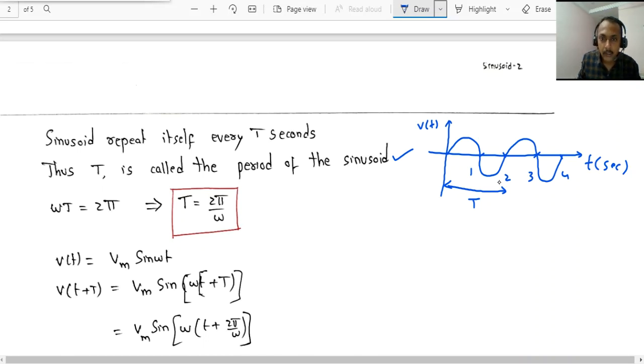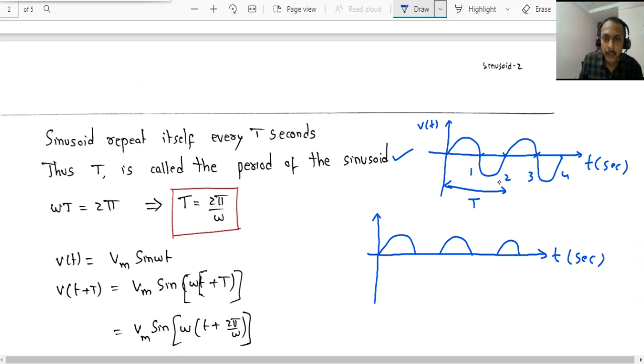But if I ask the time period for this kind of waveform, observe, on the x-axis you have taken the time t in seconds, and on the y-axis some v of t, with 1 second, 2 seconds, 3, 4, like this.